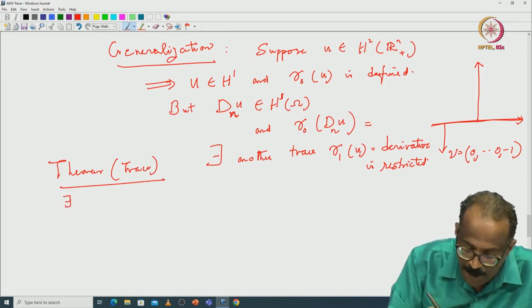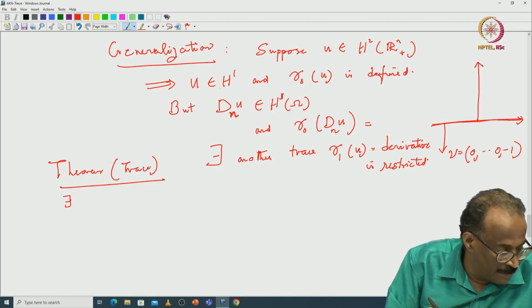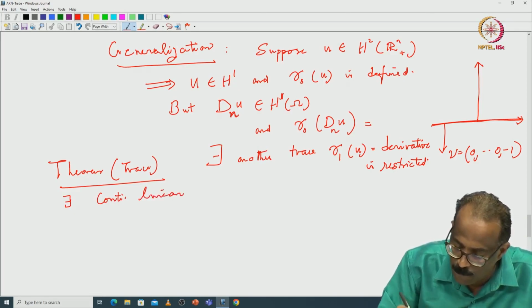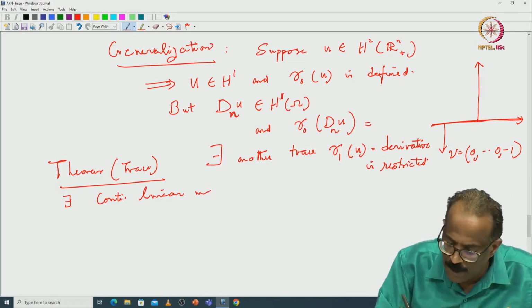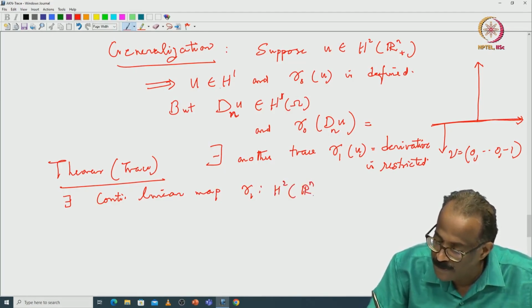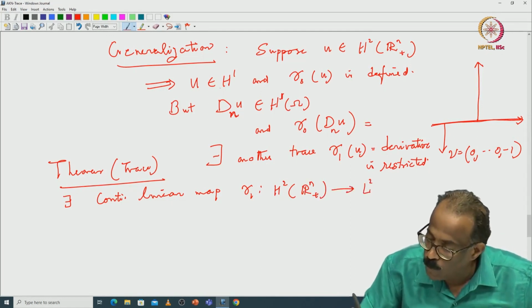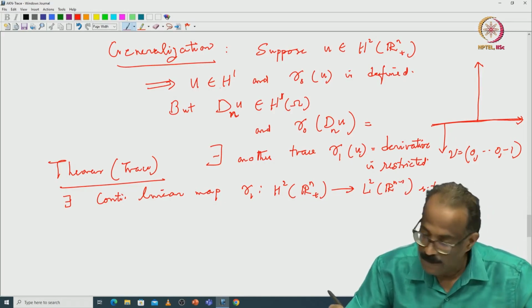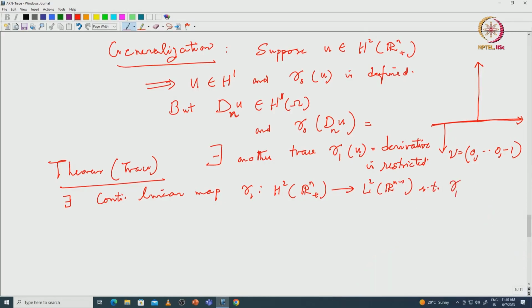There exists a continuous linear map gamma 1, from H2 of Rn plus to L2 of Rn minus 1, such that gamma 1 of u, maybe I will put a minus sign, because that minus sign comes from my normal, equals minus dn of u at x prime, 0, if u is smooth.